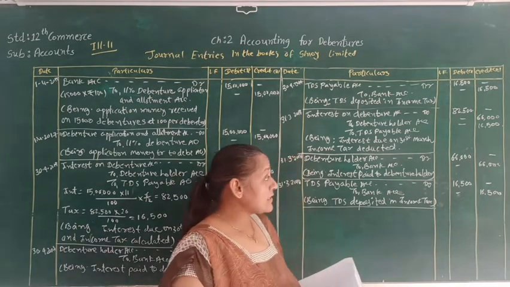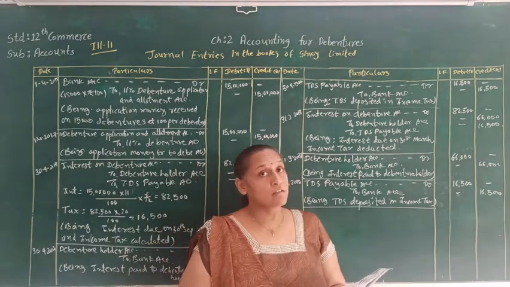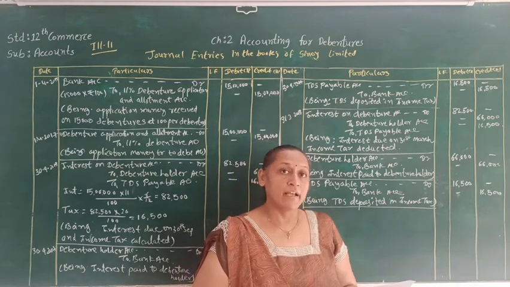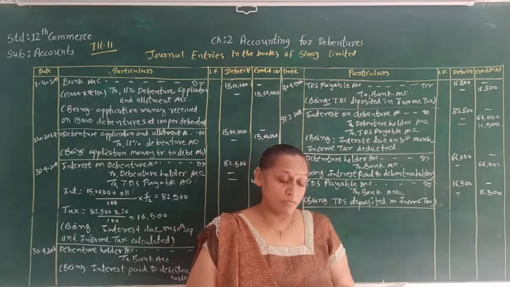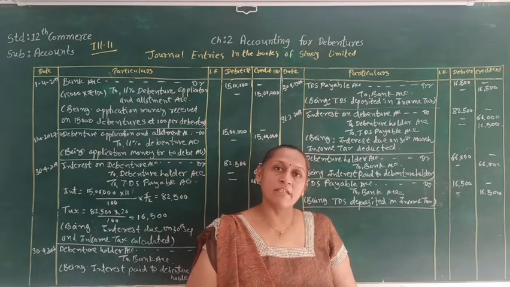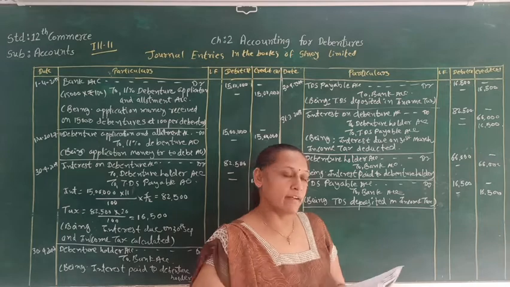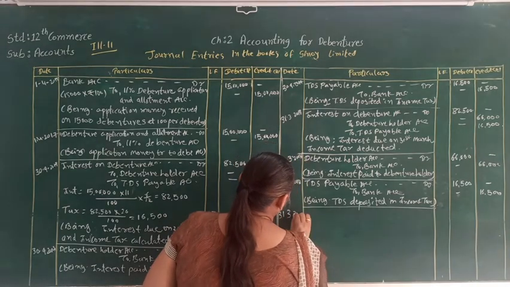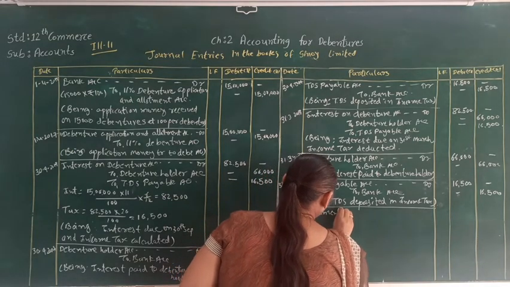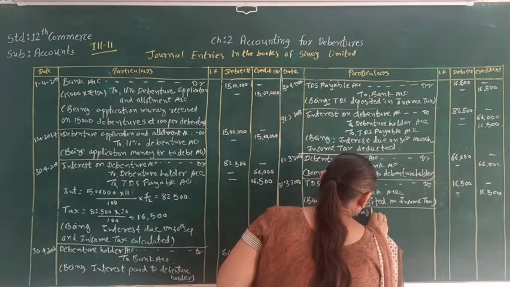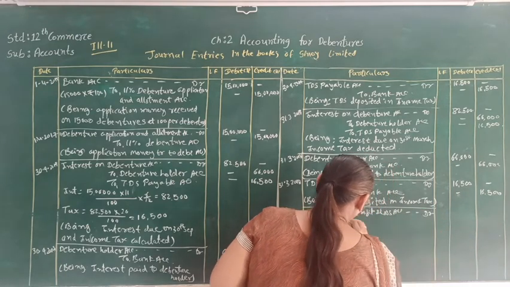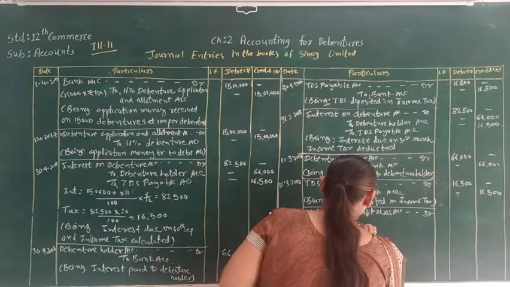So the last journal entry will be for closing the interest account, passed on 31st March, statement of profit and loss account debit to interest on debenture account. 31st March 2018, statement of profit and loss account debit to interest on debenture account.